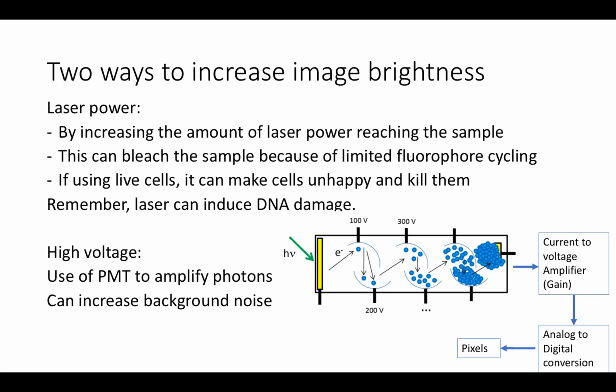Okay, so if you were to use DAPI for live cell imaging, your cells will be really very unhappy very fast and they will die because of DNA damage. Second is the high voltage.